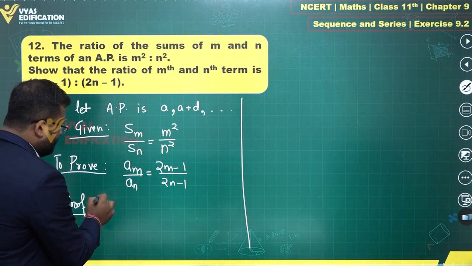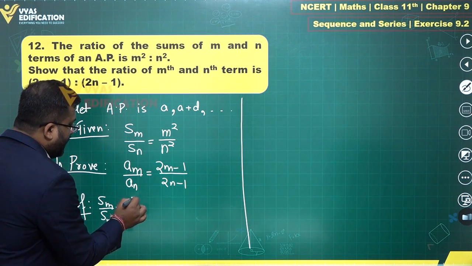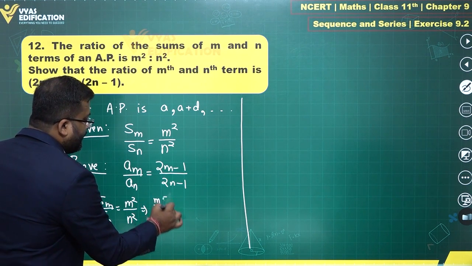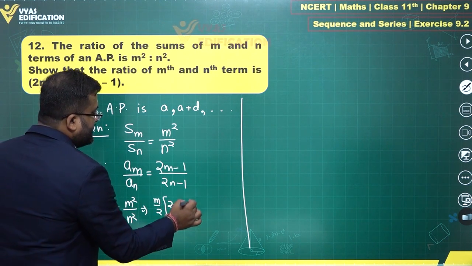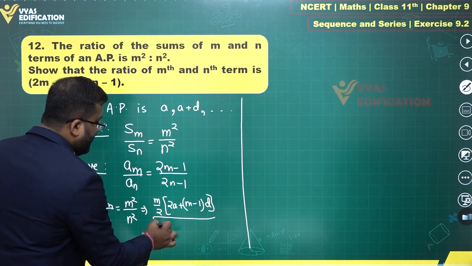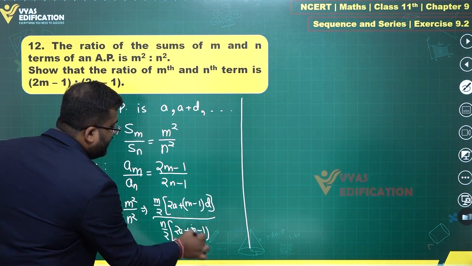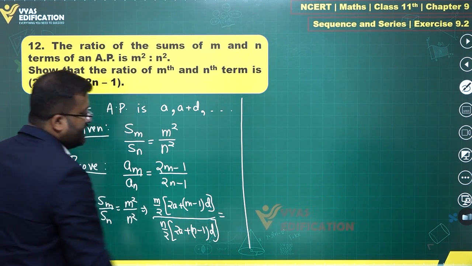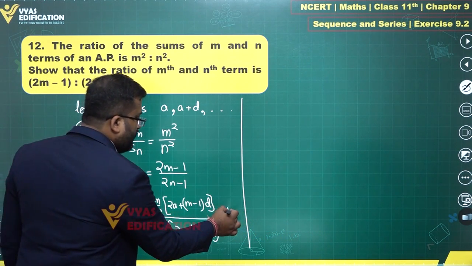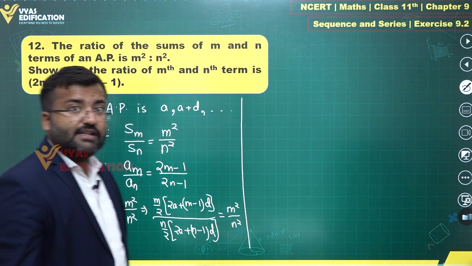So Sm upon Sn is equal to m square upon n square, which tells me, okay, this is m by 2 (2a plus (m minus 1)d) upon n by 2 (2a plus (n minus 1)d), which is equal to m square upon n square. Is it not? Yes.